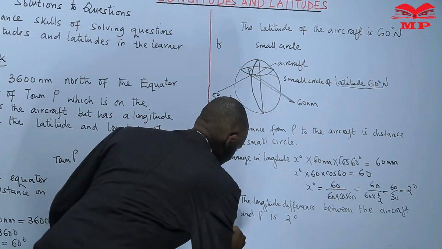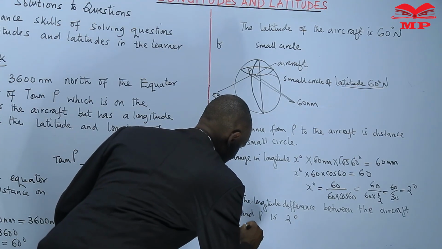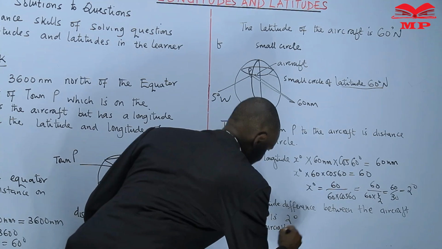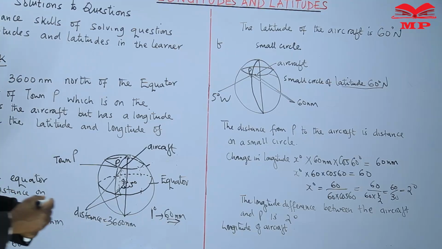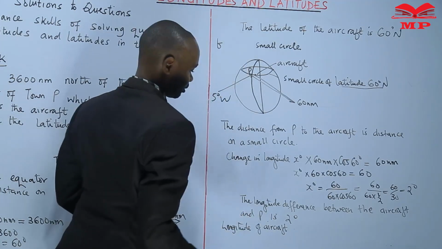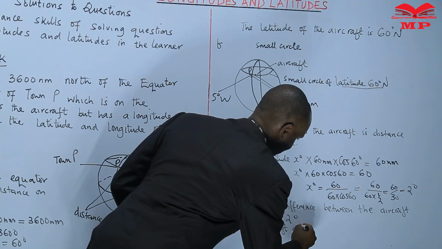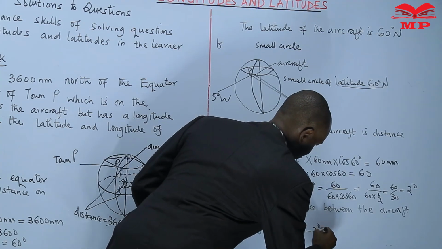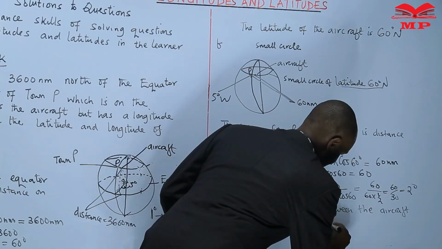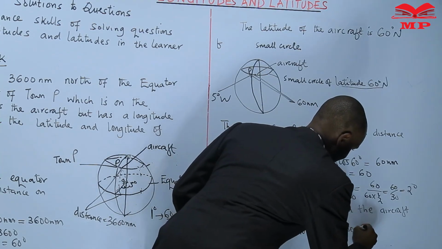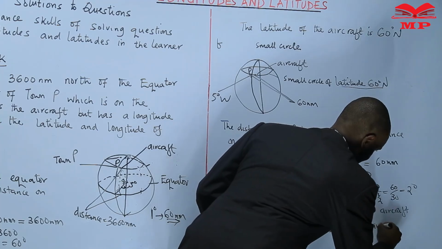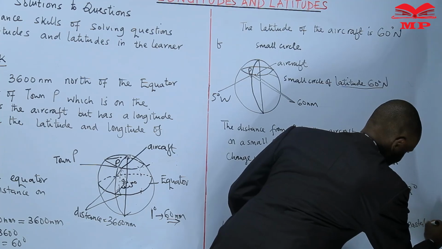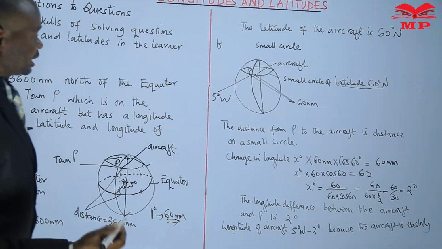Therefore, longitude of P of aircraft will be 5 degrees west, subtract 2 degrees, because the aircraft is easterly. You should understand that the aircraft is easterly.